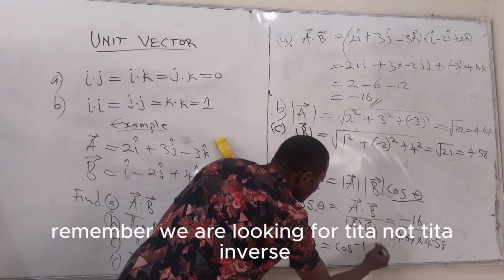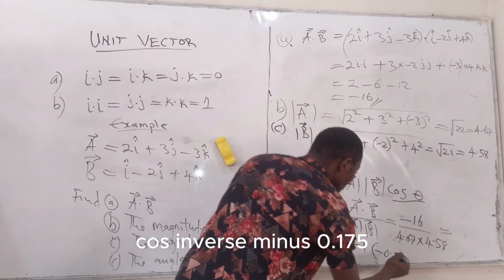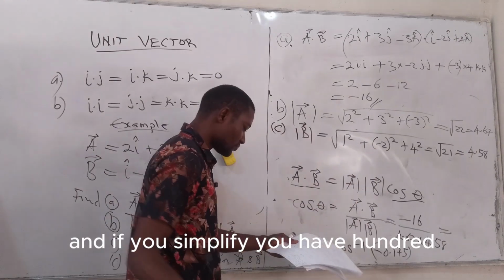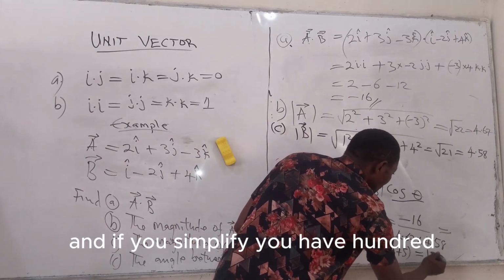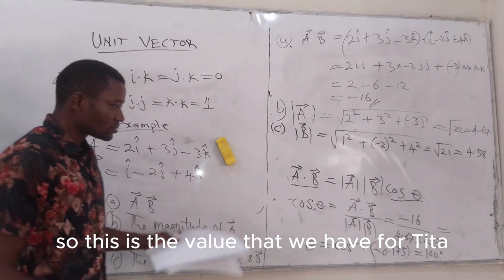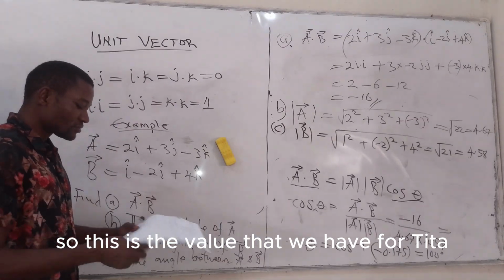Remember, we are looking for theta and not theta inverse. Cos inverse of minus 0.175. And if you simplify, you have 100 degrees. So this is the value that we have for theta.